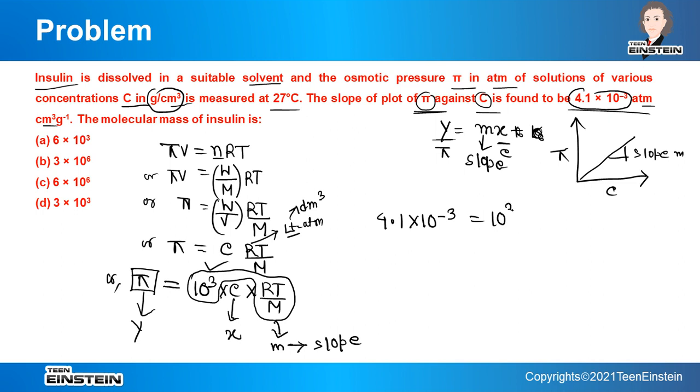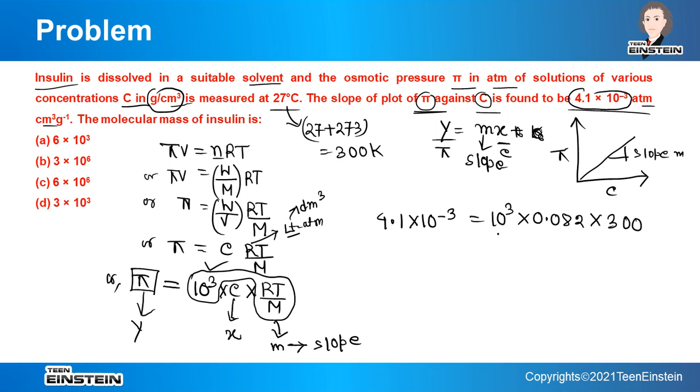10 to the power 3 multiplied by RT by m. Now we will put all the values. R value is 0.082, the universal gas constant. Temperature is 27, we will convert it to Kelvin, so it will be 300 Kelvin, divided by the molecular weight.